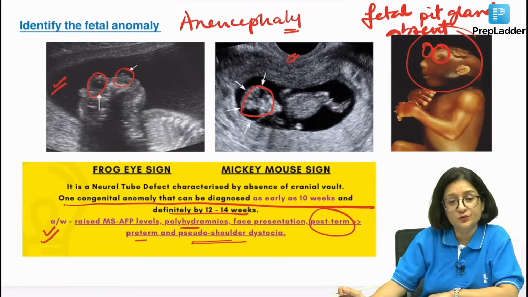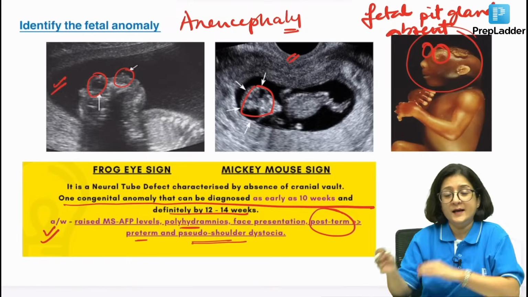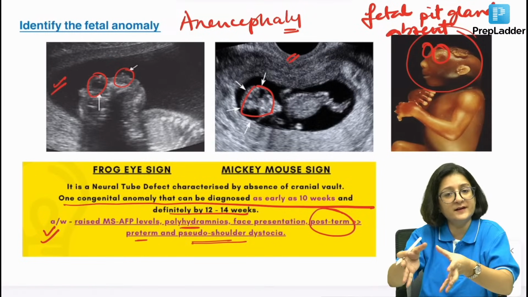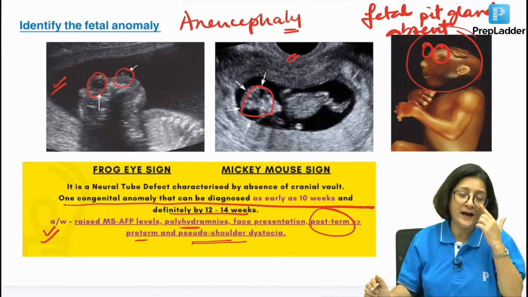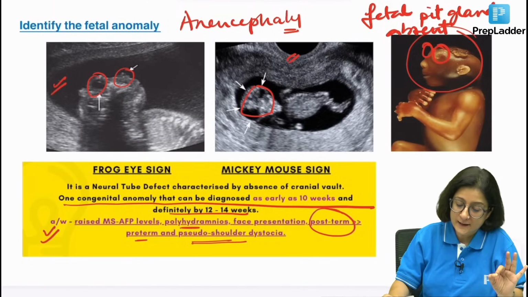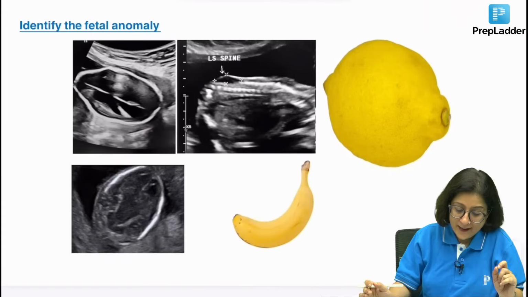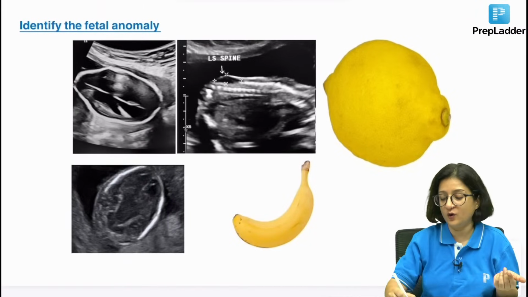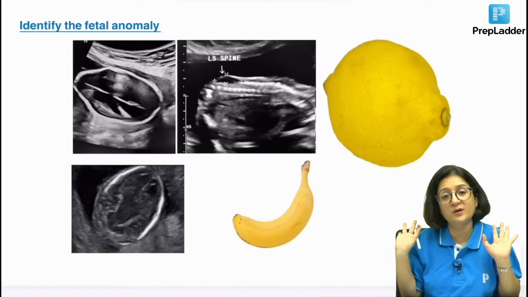What is pseudo shoulder dystocia? The head gets squeezed out through an incompletely dilated cervix and the shoulder is stuck behind an incompletely dilated cervix. That is pseudo shoulder dystocia, right? Next image, identify the fetal anomaly. As you can now identify, because I have shown you a lemon also, I have shown you a banana also.